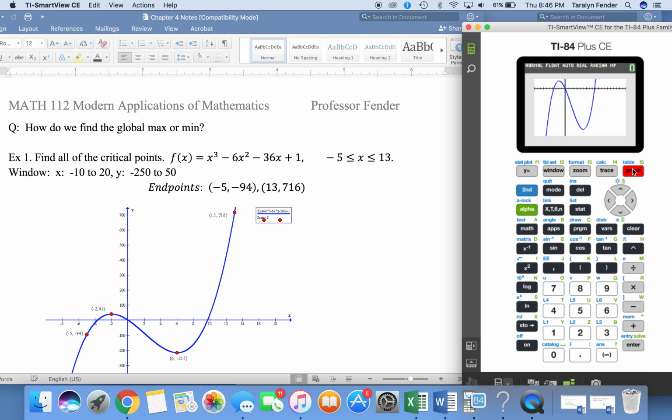Okay, I see a beautiful graph. This is one that has endpoints, so we will be able to define a global maximum and minimum. But as it is here, this is a local maximum and this is a local minimum.